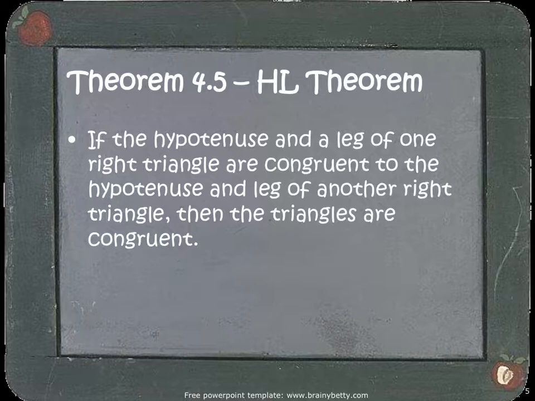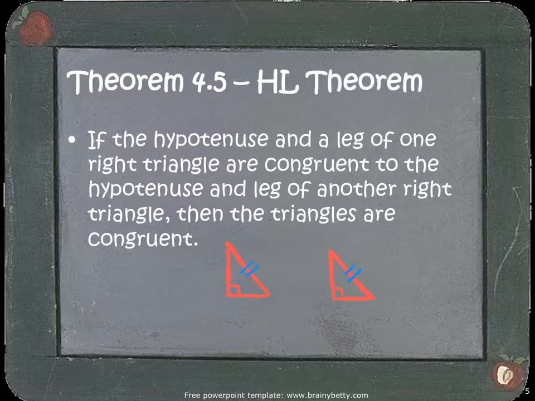So here's what we've got. If we've got a triangle that is a right triangle, and you can show me that the hypotenuse is congruent to the hypotenuse, and one of the legs is congruent to another one of the legs, I don't need both of them.